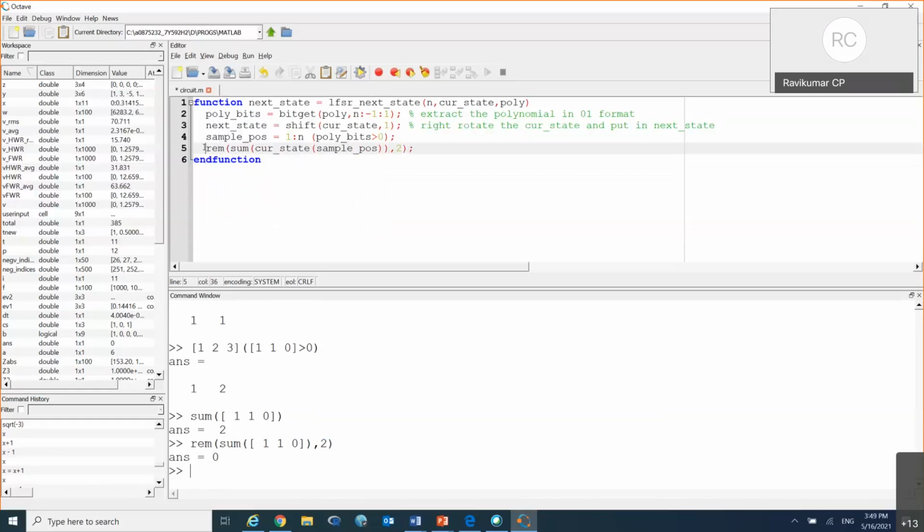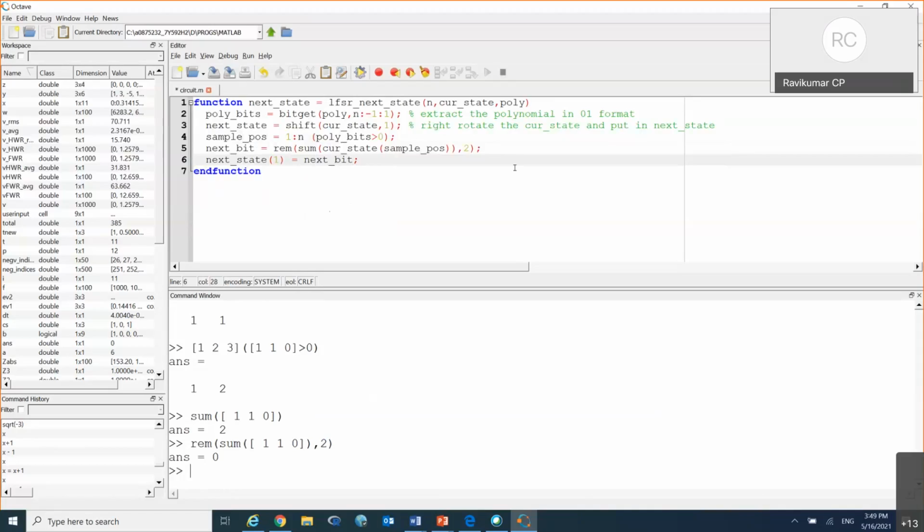And that will be the next bit. And this must now become next state of 1 equals next bit. Okay. Hopefully I got this correct.